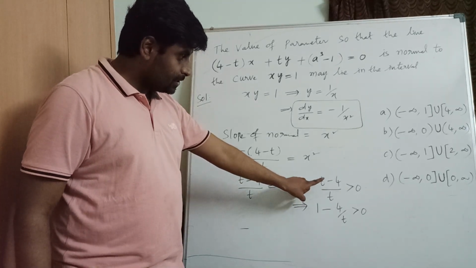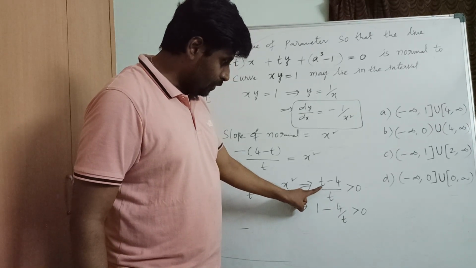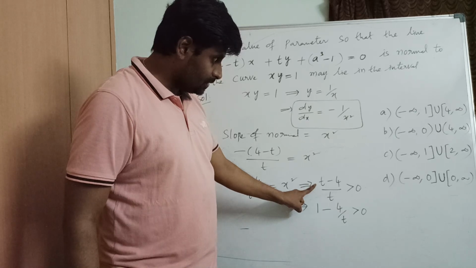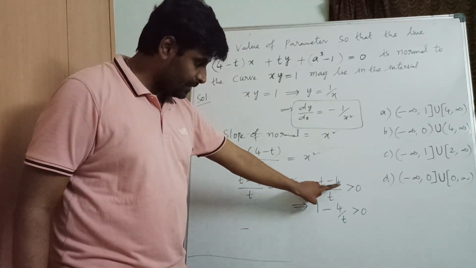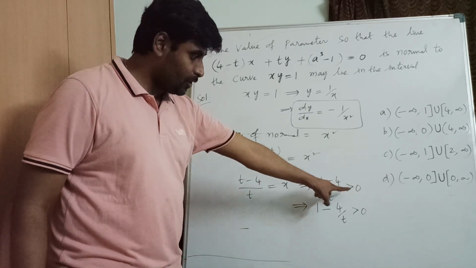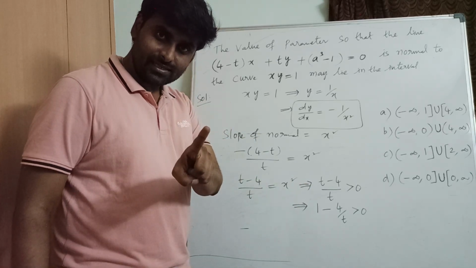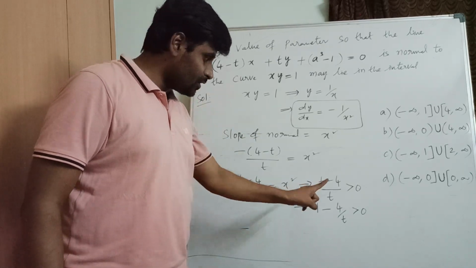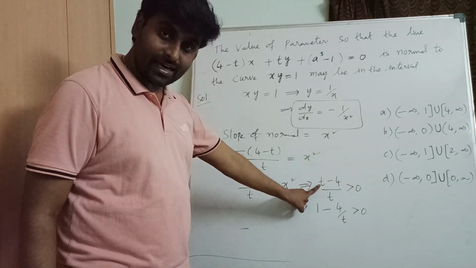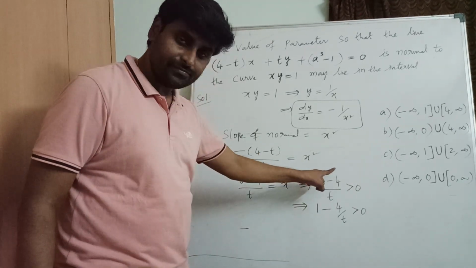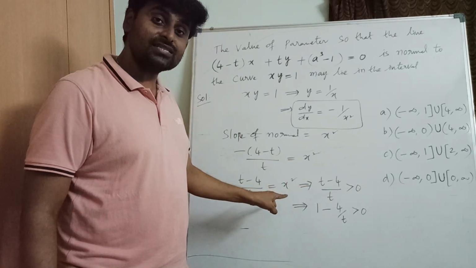And similarly, can I substitute values below 0? What happens here? If I substitute -1, then -5 by -1, minus minus, so positive, right? I can substitute negative values in place of t, or values more than 4. Let me repeat. You can substitute values more than 4 to make it positive, or we can substitute values below 0, meaning negative values.